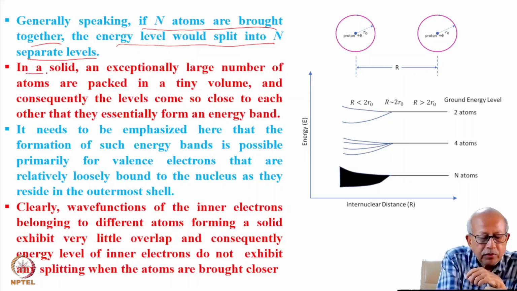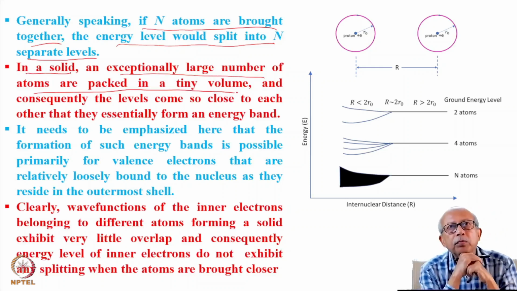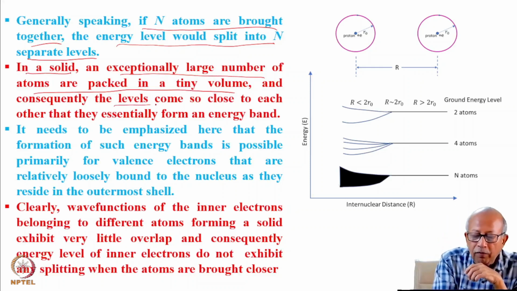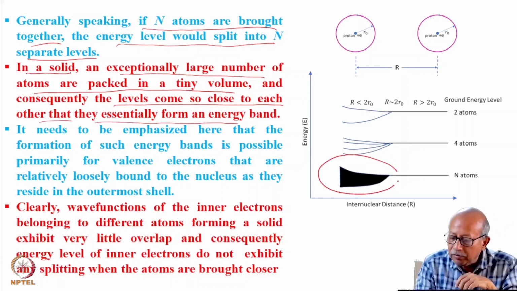In a solid, an exceptionally large number of atoms are packed in a tiny volume, and consequently the levels come so close to each other that they essentially form an energy band.